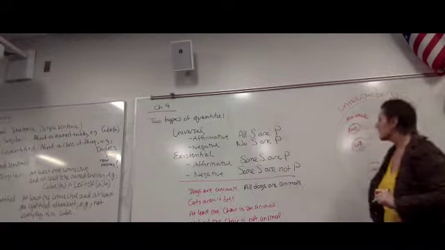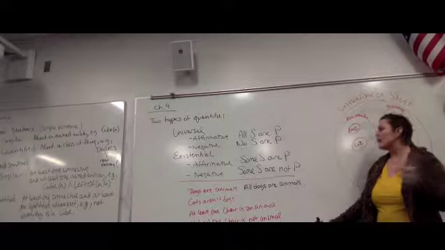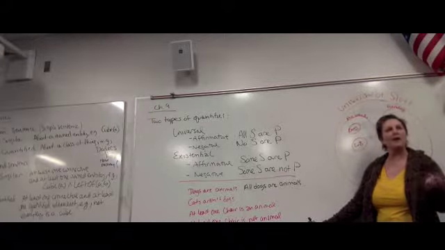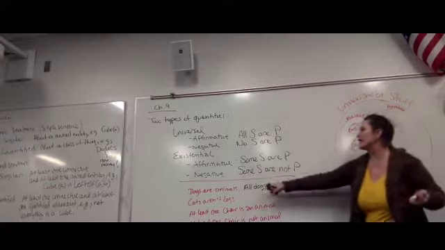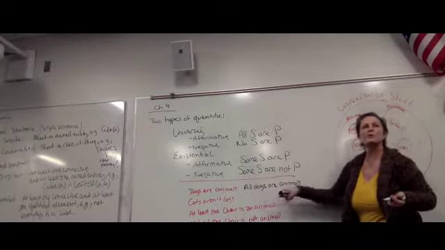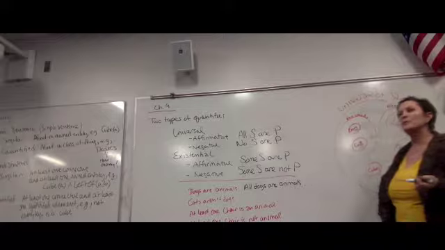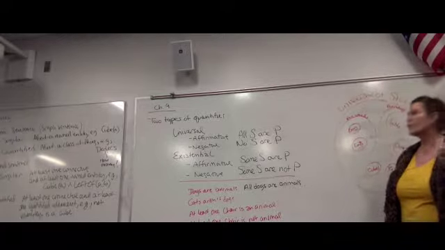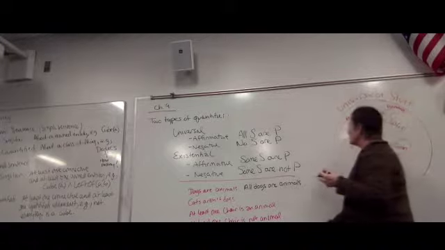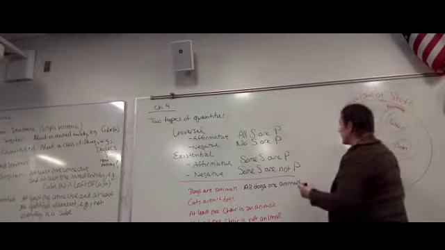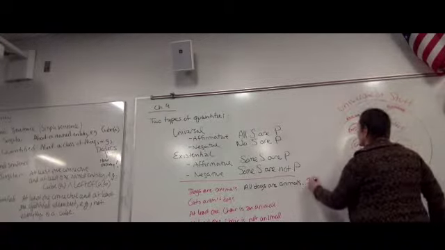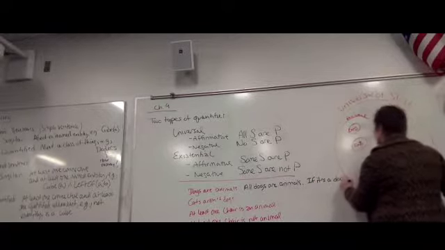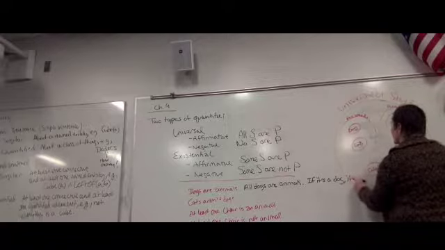Now, we've got dogs, we've got animals. How do we quantify the all? How do we relate the dogs to the animals? Well, the following formulation is going to do a lot of good work for us. It's not going to be the complete picture, though. So, if it's a dog, it's an animal.